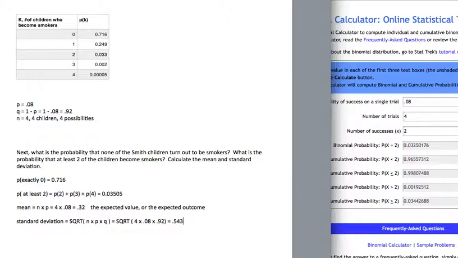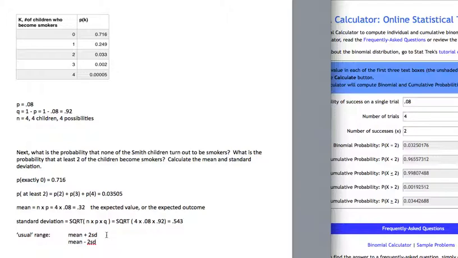Remember, why would we even want to find the mean and the standard deviation? The reason is because we can find an acceptable range, or the quote-unquote usual range. This can be found by taking the mean plus 2 standard deviations and the mean minus 2 standard deviations. The point of this is to find a usual range.